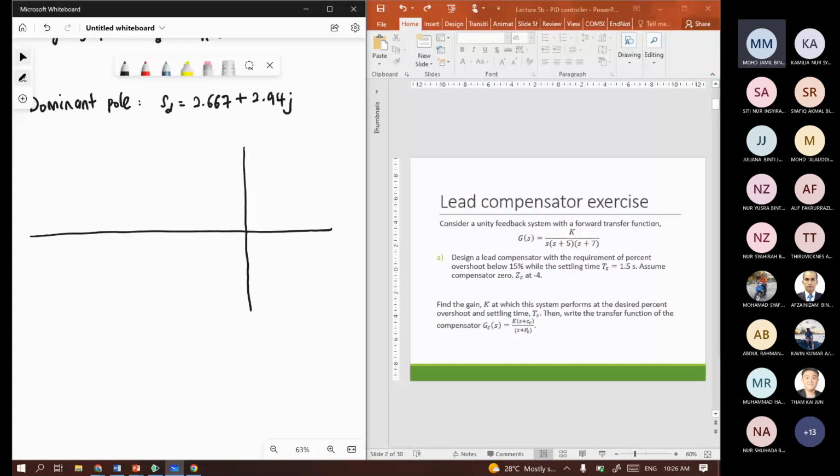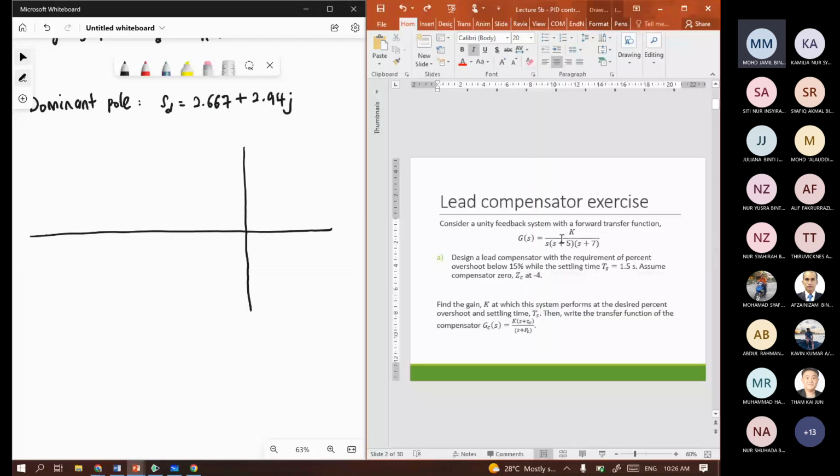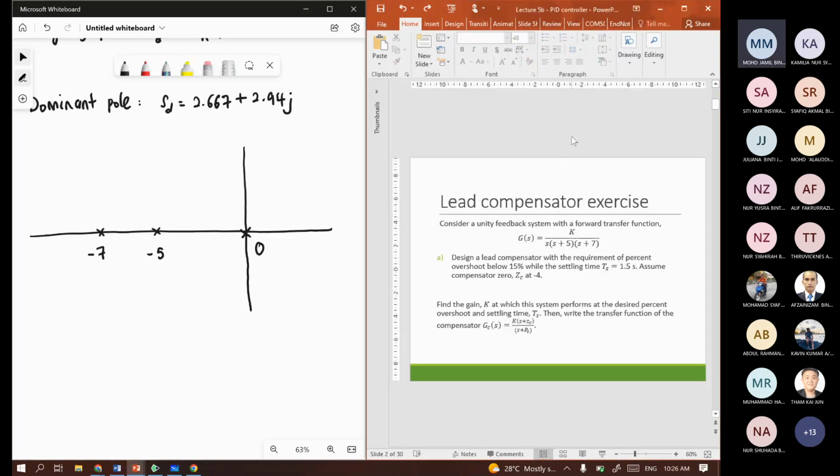So this is the transfer function given to you. You can plot the poles for this transfer function first, and then you plot the dominant pole. The dominant pole should be somewhere here.